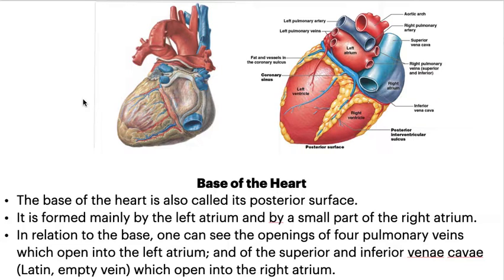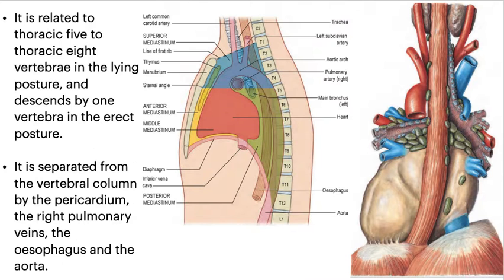Now, after this, let's talk about the base of the heart. It's also called the posterior surface, formed mainly by the left atrium and partly by the right atrium. In relation to the base, one can see the opening of the 4 pulmonary veins into the left atrium, and of the superior and the inferior vena cava into the right atrium.